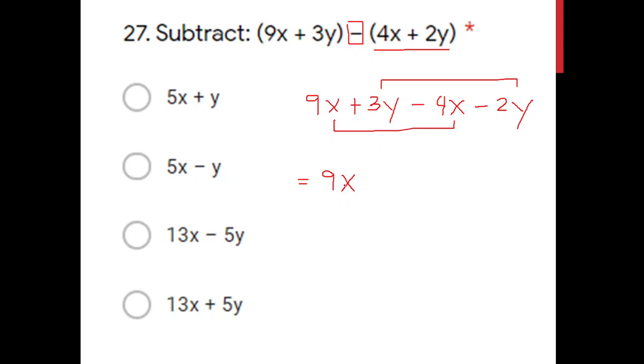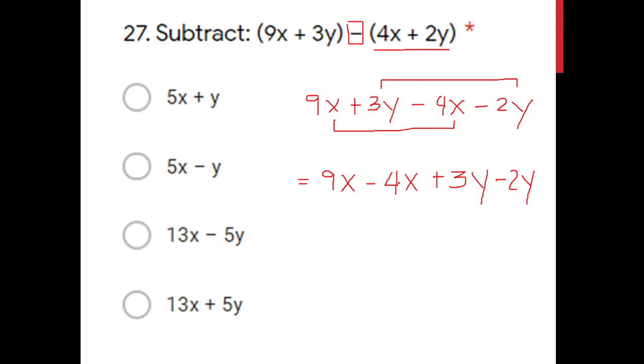So the similar term of the x variable is negative 4x. So you just copy the sign and the term. Okay. Next, we'll just bring down plus 3y here, and then negative 2y.